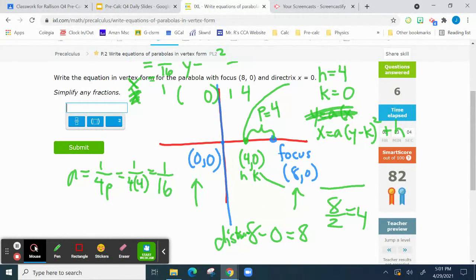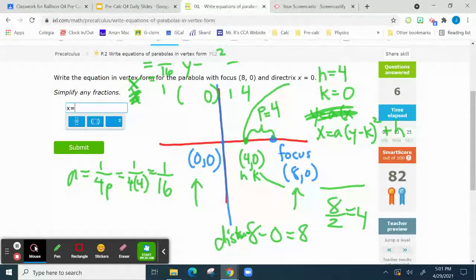Okay. So now I just have to do it. So x equals, it's not negative, right? And what did we say? The p is 4, so a is 1 over 4p, so 1 over 4 times 4 is 1 over 16.